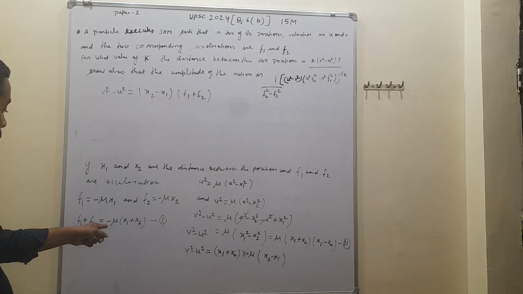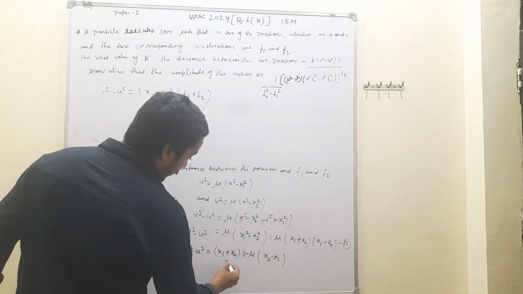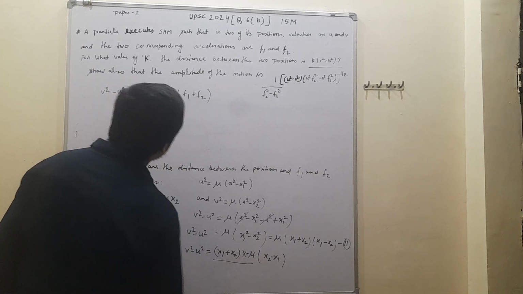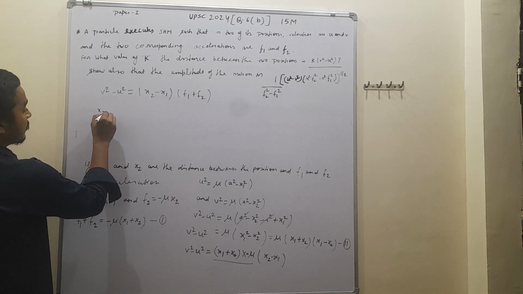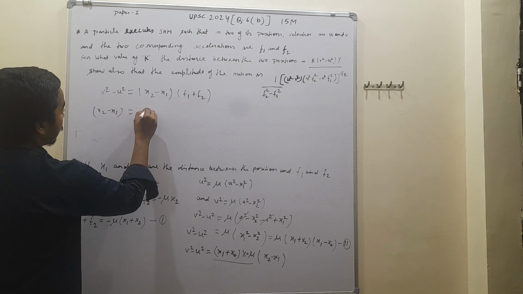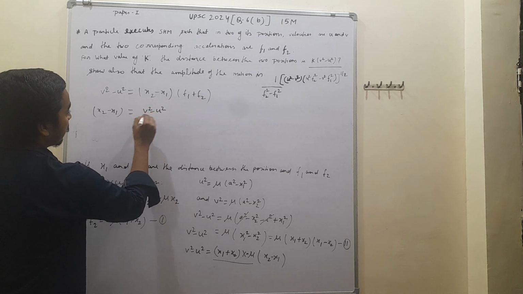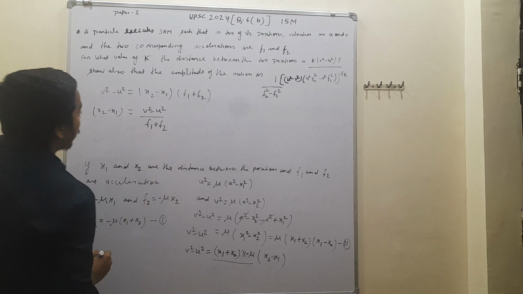Put the value f1 plus f2, then x2 minus x1 is equal to (v square minus u square) upon (f1 plus f2).